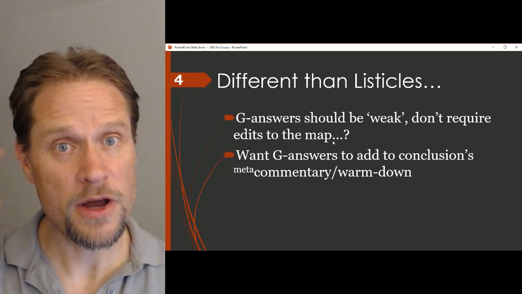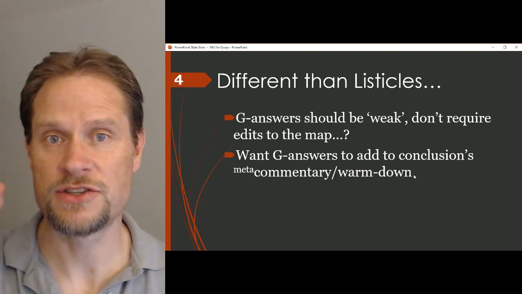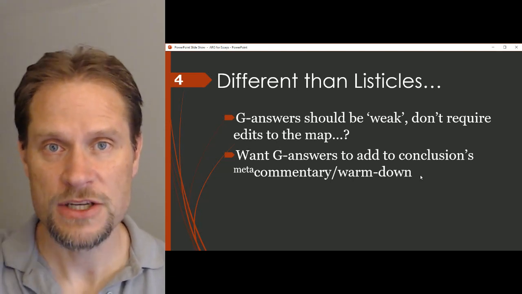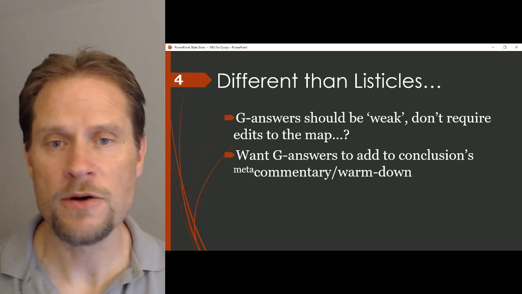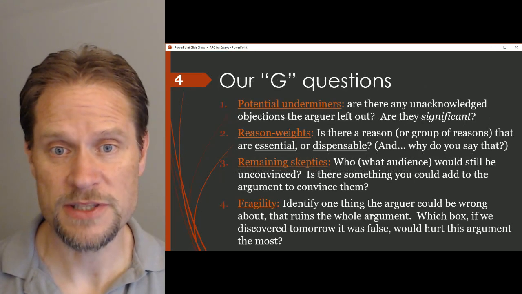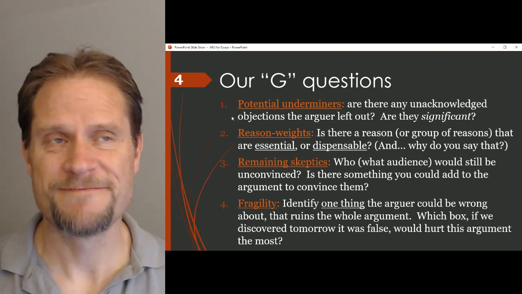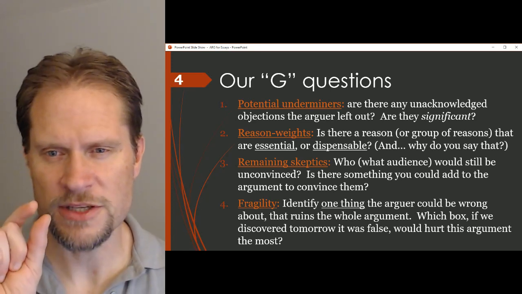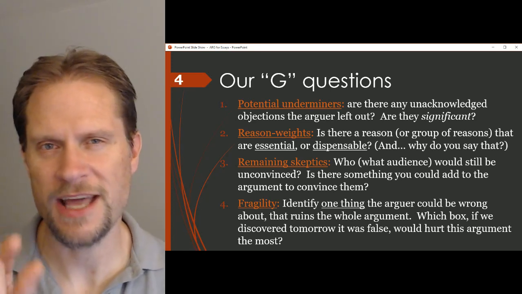But we still want to be aware of that stuff, because it's, again, cool meta commentary to add to your essay. So maybe some objection, some potential underminer, is really not worth talking about to any great extent because only a very small group of people have that objection and it's not a really strong one.